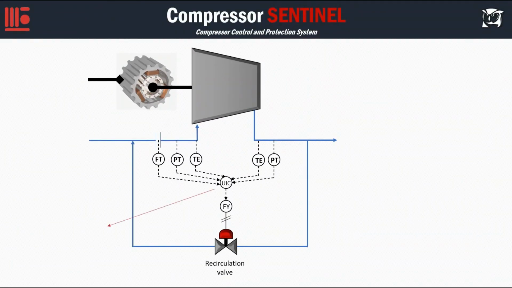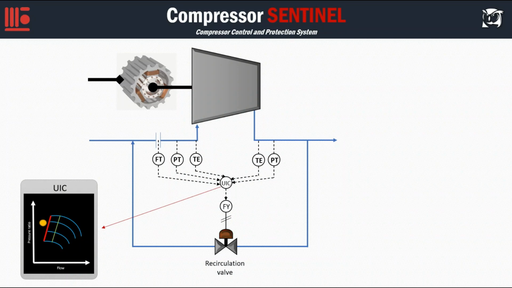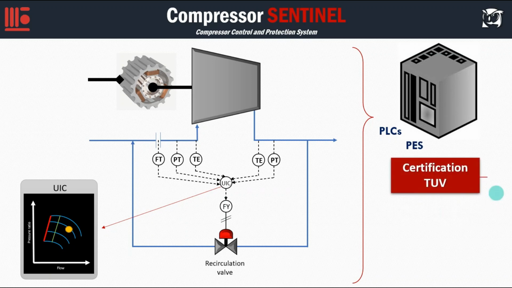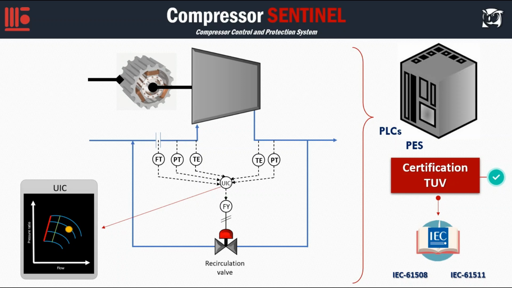In addition, Compressor Sentinel runs on commercial platforms of programmable logic controllers, PLCs, for control and sequencing, as well as TÜV-certified programmable electronic systems, PES or safety PLCs, that comply with IEC 61508 for process safety, as well as it is available on the CODESYS programming platform.